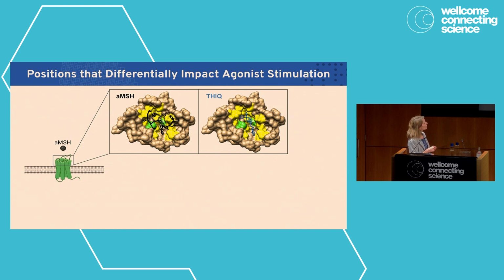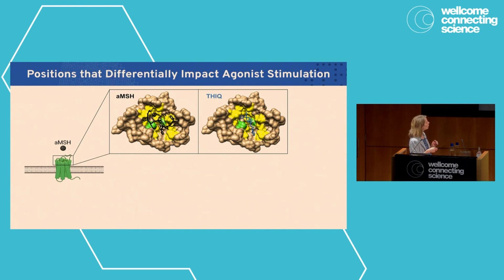On the left with the black lines is the alpha MSH bound to MC4R, and on the right in blue is THIQ bound to MC4R. And each of the different residues in this binding pocket are color-coded.